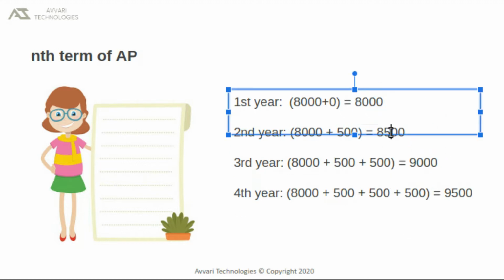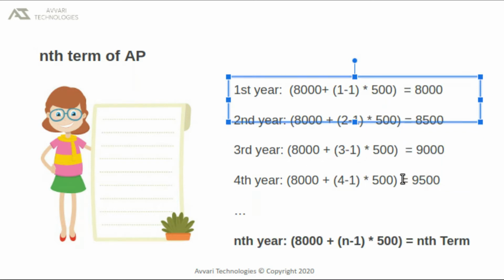The numbers are consistent. In the fourth year, again she got an increment of 500 rupees. We can represent this as fourth year minus first year into 500. 4 minus 1 is 3. 3 into 500 is 1,500. 1,500 plus 8,000 is 9,500.